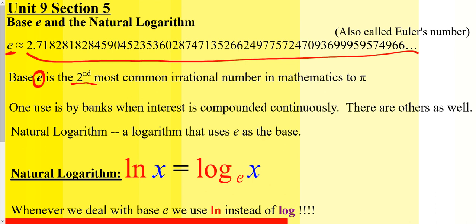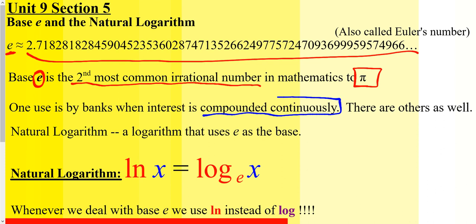It's really the second most common irrational number in mathematics, next to the number pi. One of the ways it shows up is in compound interest when things are compounded continuously. So if it's compounded continuously, then you're going to use e.